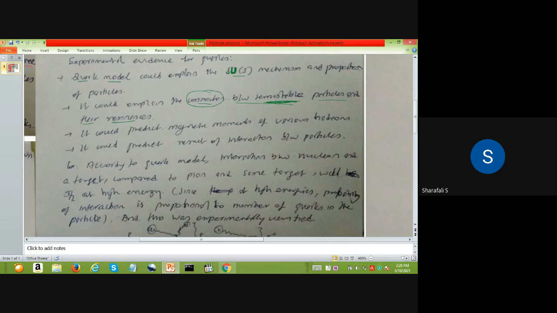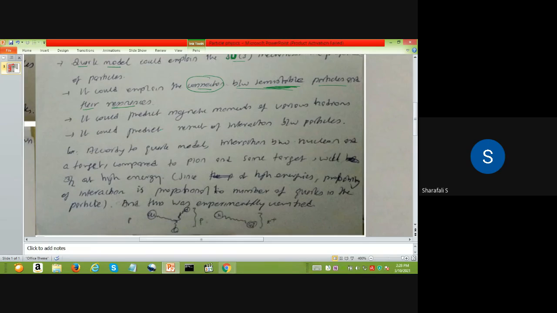And also, by using the quark model, it could predict the magnetic moment of various hadrons. It could also predict the result of interaction between different particles. So all this can be predicted by using the quark model.